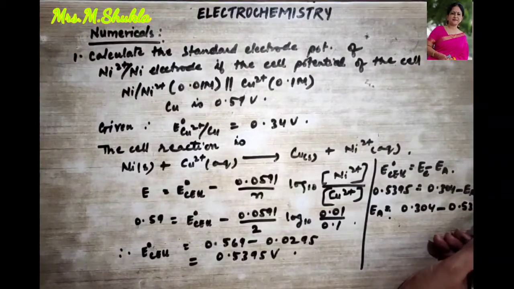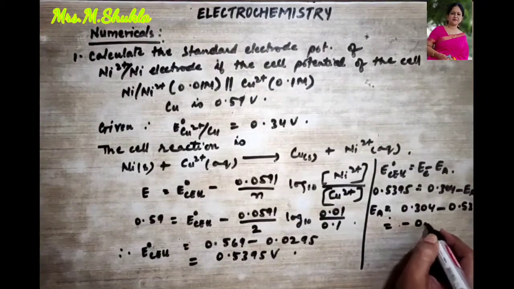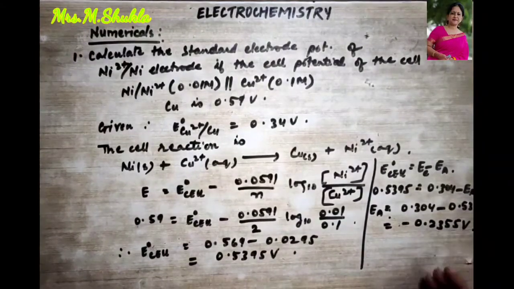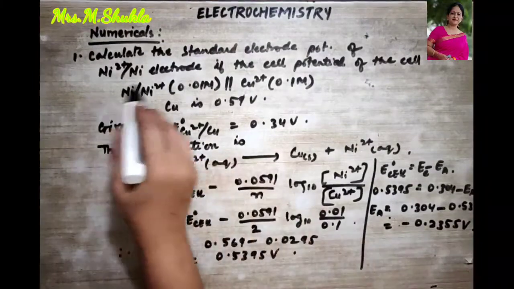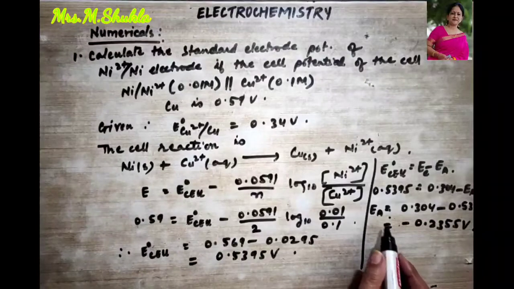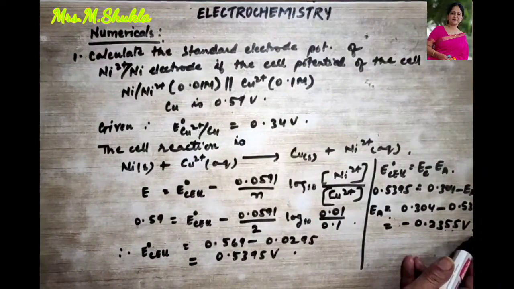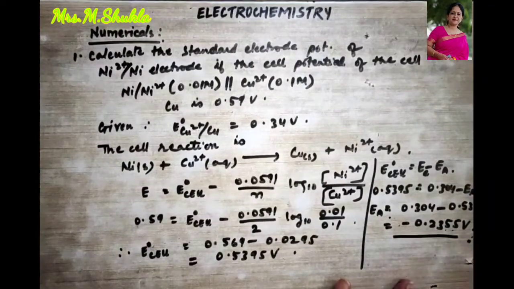I hope you all can see till there. This is equal to minus 0.2355 volts. So we have calculated the standard electrode potential of the nickel ion to nickel electrode, which is minus 0.2355 volts. Clear? So this is your answer.